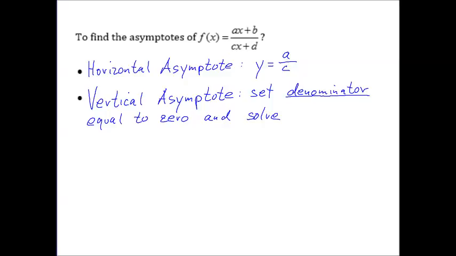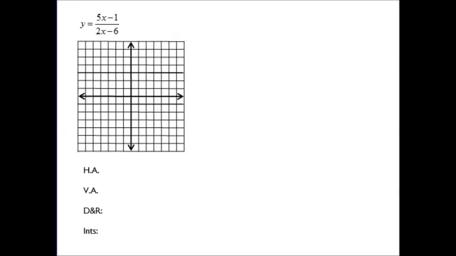To the next example. First, let's find our horizontal asymptote, and we find it by looking at our coefficients here. The horizontal asymptote is y is equal to 5 over 2. Our vertical asymptote we will find when we take our denominator and set it to 0. 2x minus 6 is 0 when x is 6 over 2, in other words, 3.